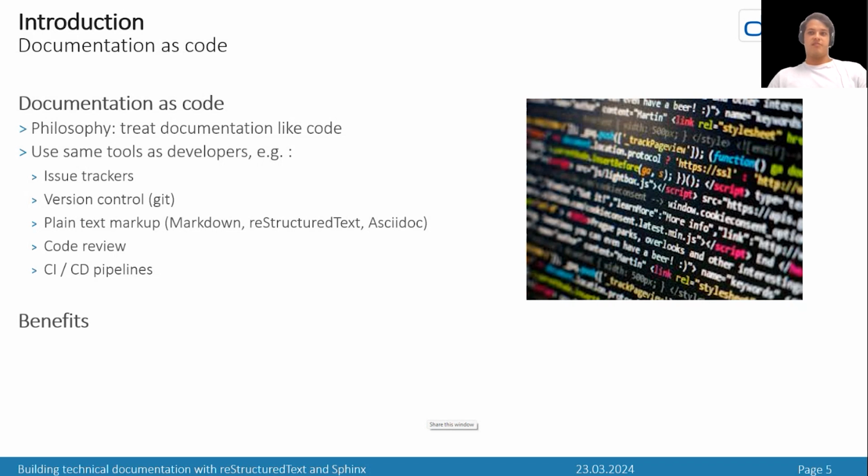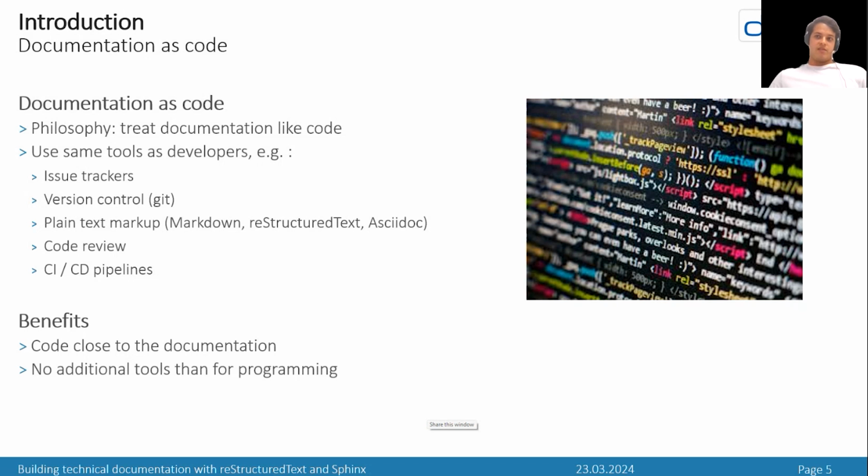We have many benefits to this approach. The first one is that whenever we are doing a project with code, the documentation is very close to the code, so we don't need to open a separate tool for documentation and can push the documentation for the newly created code in the same commit, which makes things easier. Then we simply don't need additional tools, so I don't need to open Word or whatever.